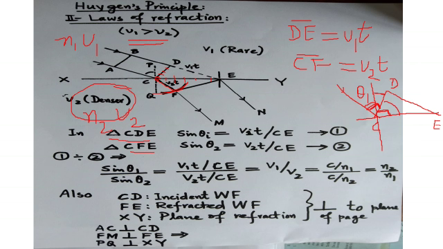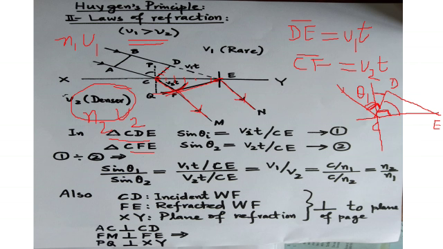Likewise, there is a second triangle CFE in the second medium, this one over here, and in this triangle we are going to find the angle of refraction. So remember, these are the refracted rays in the second medium, which we have drawn. If you consider a secondary wave of small radius here, then we draw a common tangent, and this will represent the refracted wavefront in the second medium, and the refracted rays must be perpendicular to this refracted wavefront.